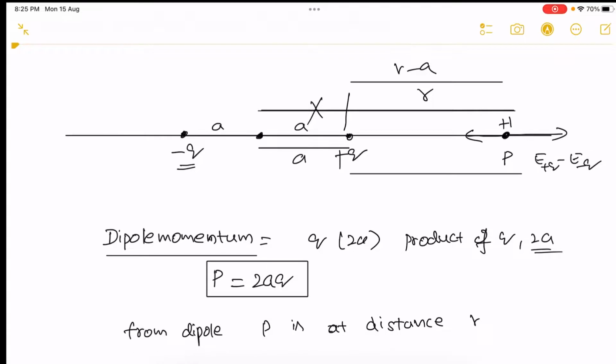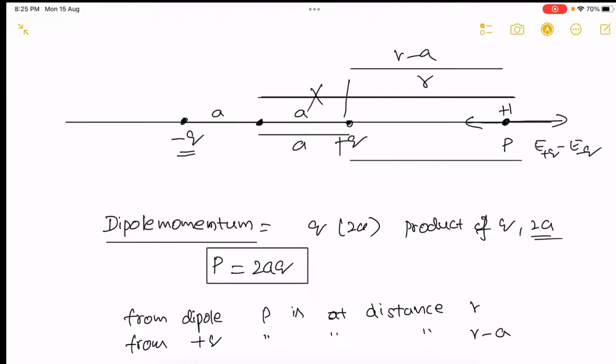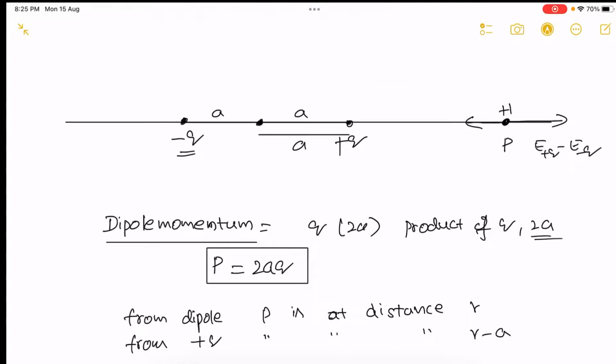So from plus q, P is at a distance r minus a. Look here, from minus q, what is the distance?